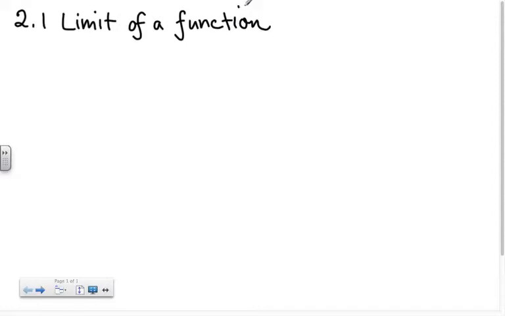We have four major goals in this section.